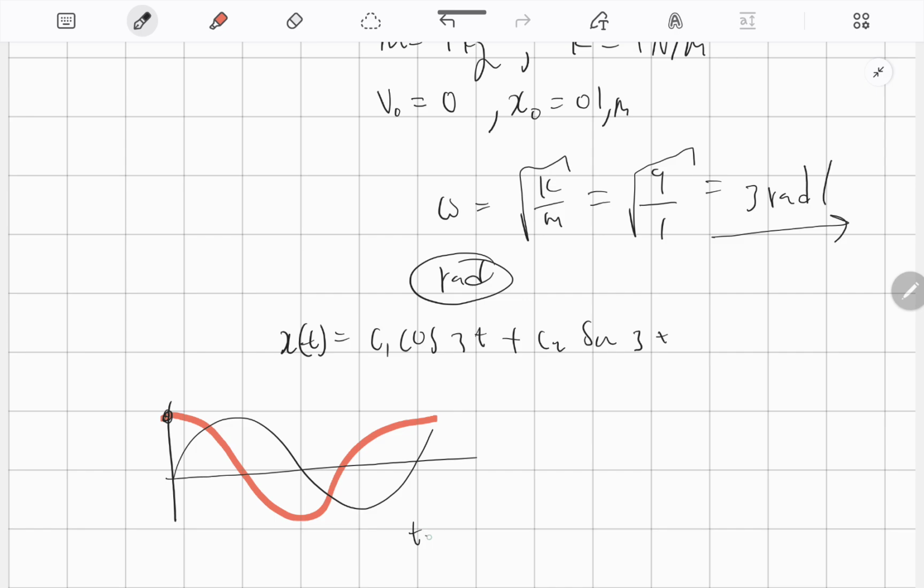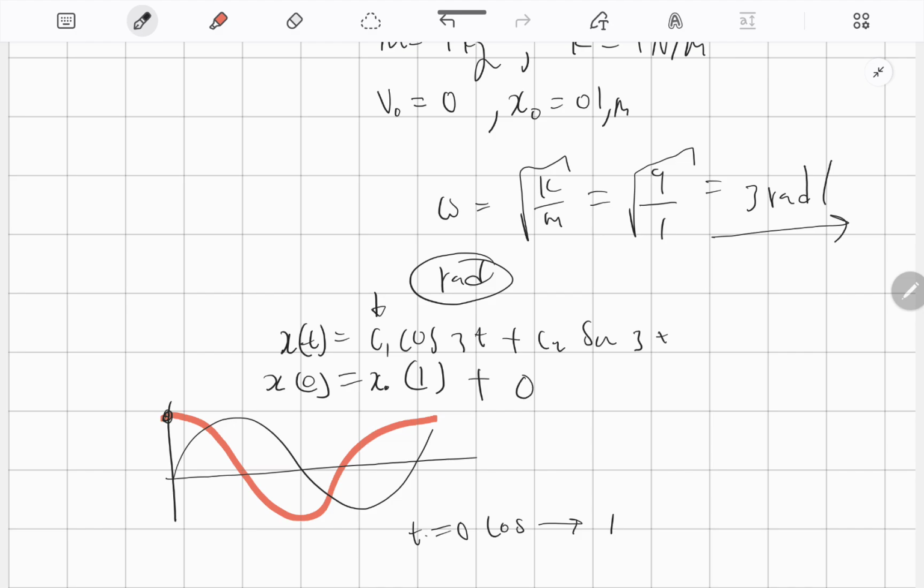If we plug in 0, cos will become 1, and we know that sine at 0 will disappear. So we want that if we plug in 0, this thing yields the initial position. So already we know that c1 is going to equal the initial position.